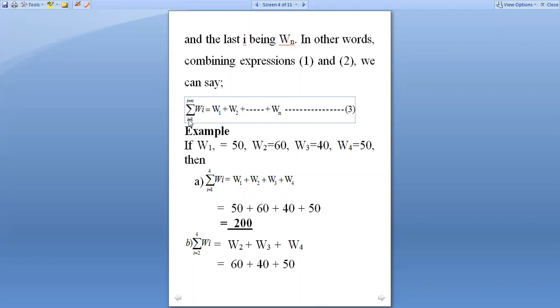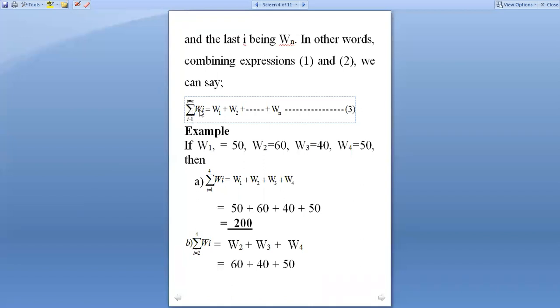This number below the summation notation, i equal to 1, is called the lower limit or the lower boundary, while the one on top of the summation notation is called the upper limit or the upper boundary.